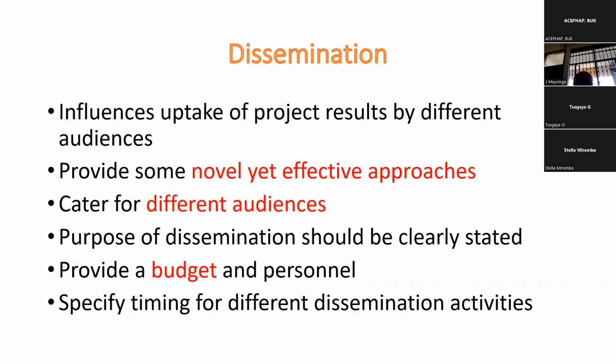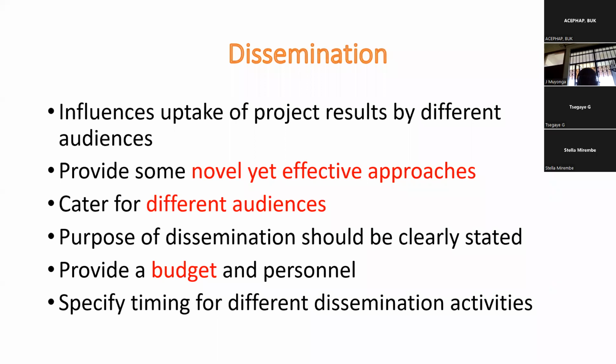For most projects, as you implement, you also need to undertake some dissemination, and this needs to be articulated, it should be described, it should be budgeted for, and it's important also to look at novel ways of disseminating and be clear on the targets as far as the audiences are concerned.